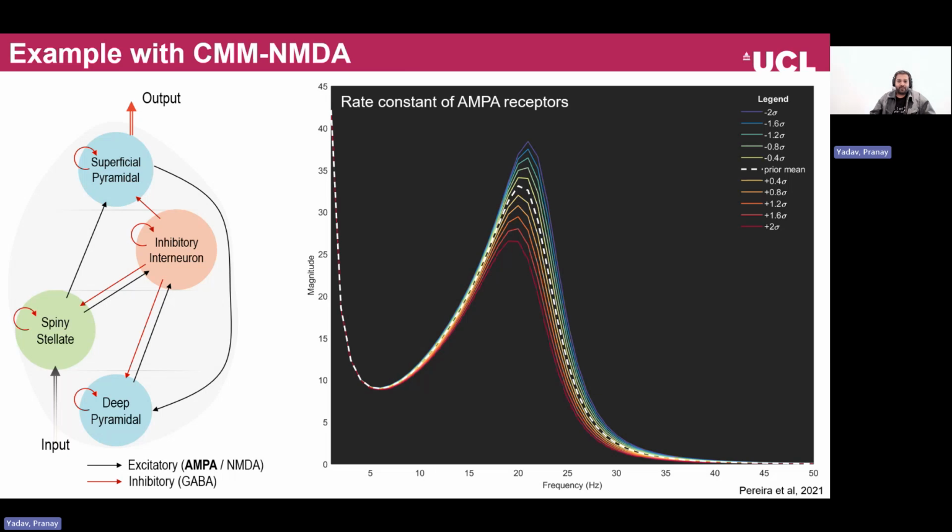And a faster rate constant, so increasing red here, essentially allows less conductance to rise and less current to flow through, and hence the contribution is decreased, whereas a slower rate allows a greater net current to flow through, and that leads to a larger magnitude at a certain frequency. There's also a slight frequency shift, but it's very small.